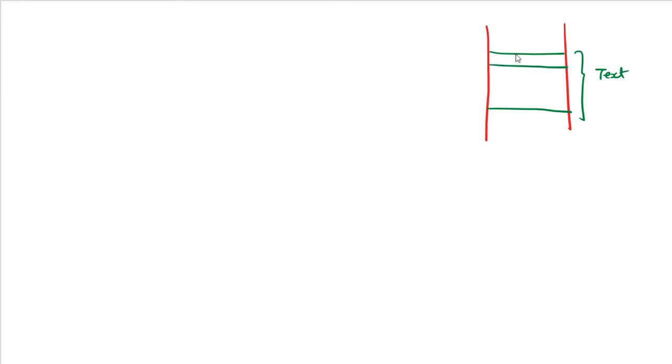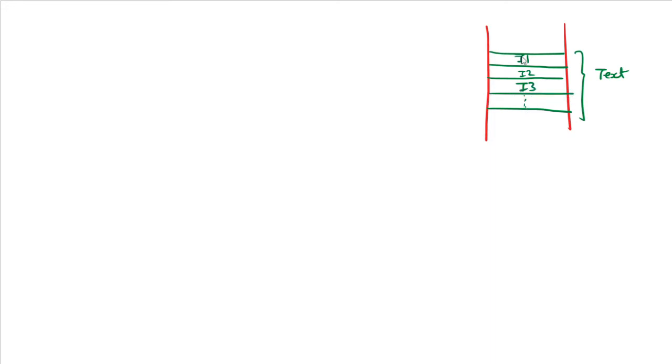Let's suppose we have this main memory here, and we have the text part of a process. It has instructions, so this is I1, this is I2, and let's take one more instruction, I3, and so on.